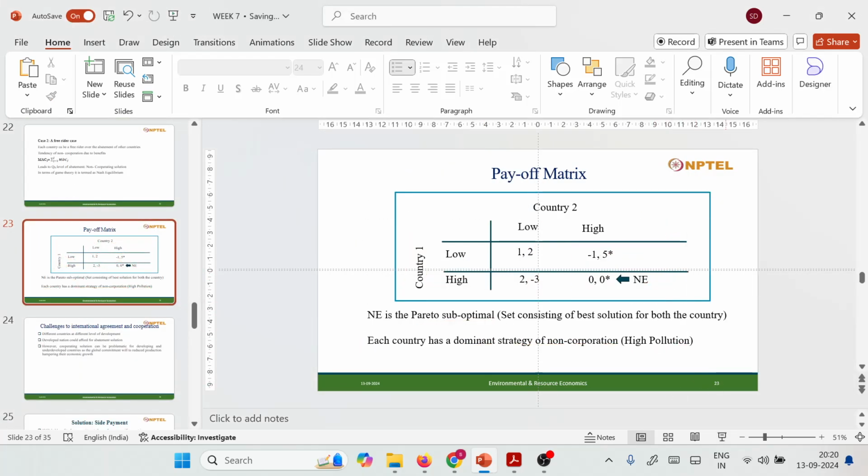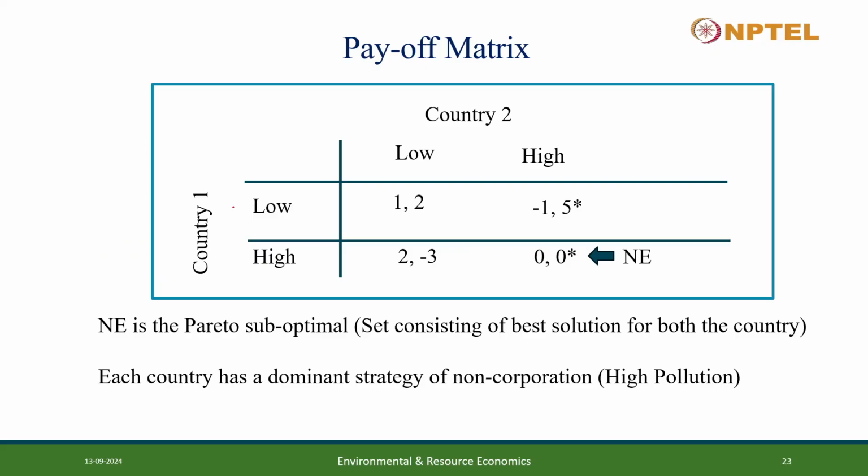Let's say that country 1 pollutes low, that is, country 1 will reduce the emission. However, the payoff for country 2 is higher here, 5 is more than 2. So this is my optimum solution. Second case, country 1 is emitting high. Pollution for country 1 is high.